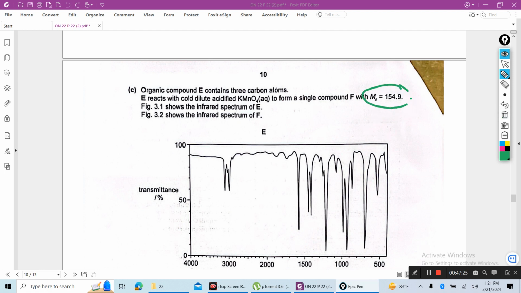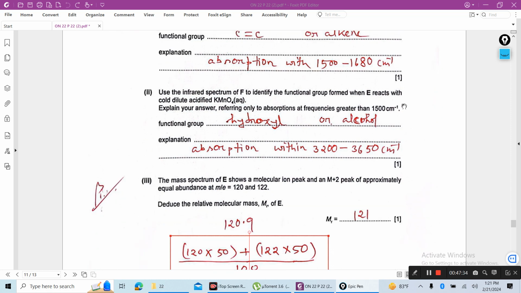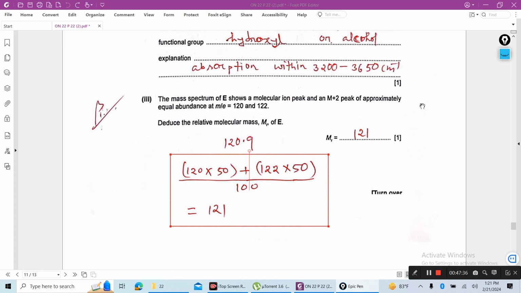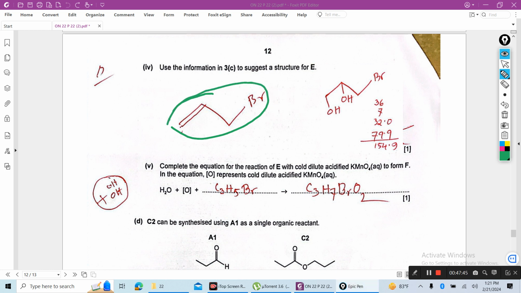The molar mass of F, the bromopropane diol, is given as 154.9. So E will be this compound, bromopropene.